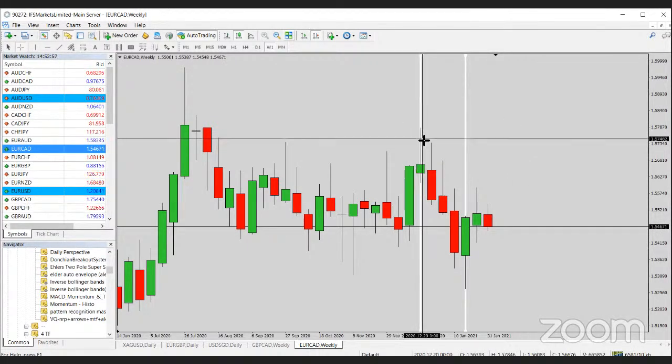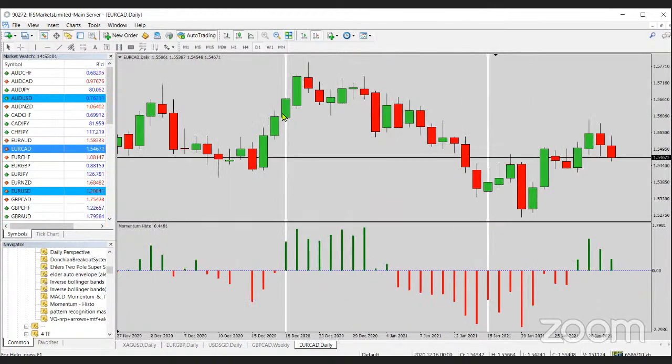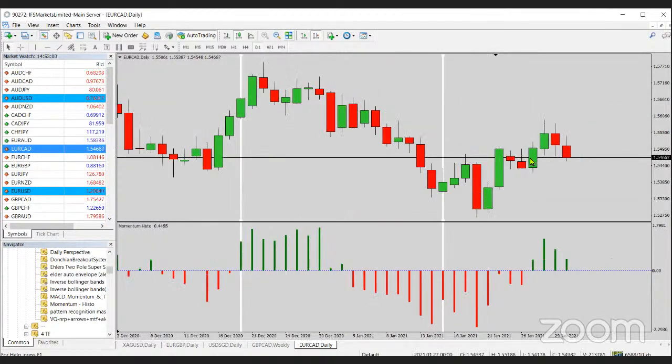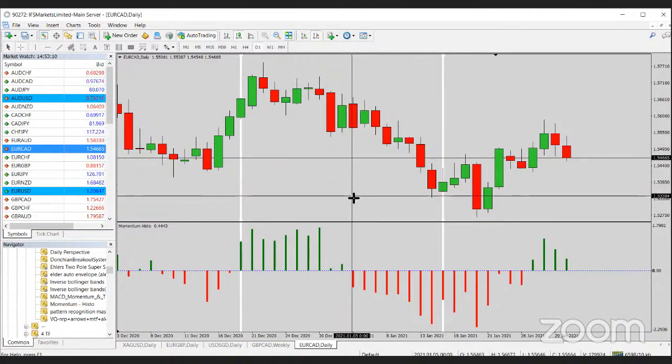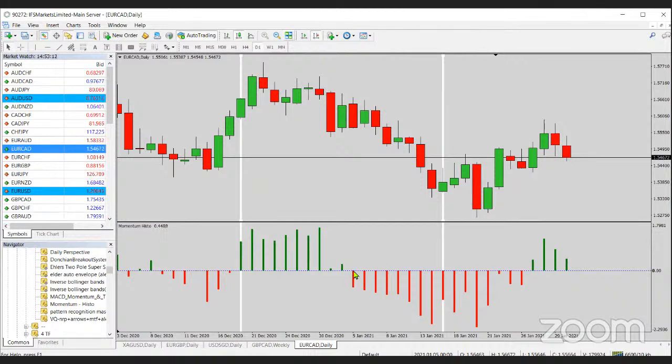So that's on the 20th of December onwards. If we go on the daily chart, you can see that this is just consecutive selling. It's only over here that we see a confirmation of downward pressure.